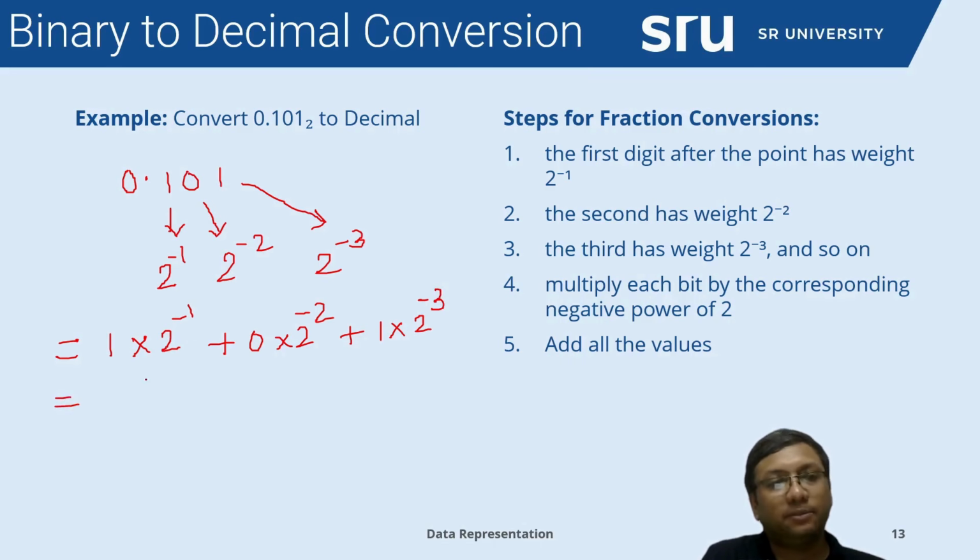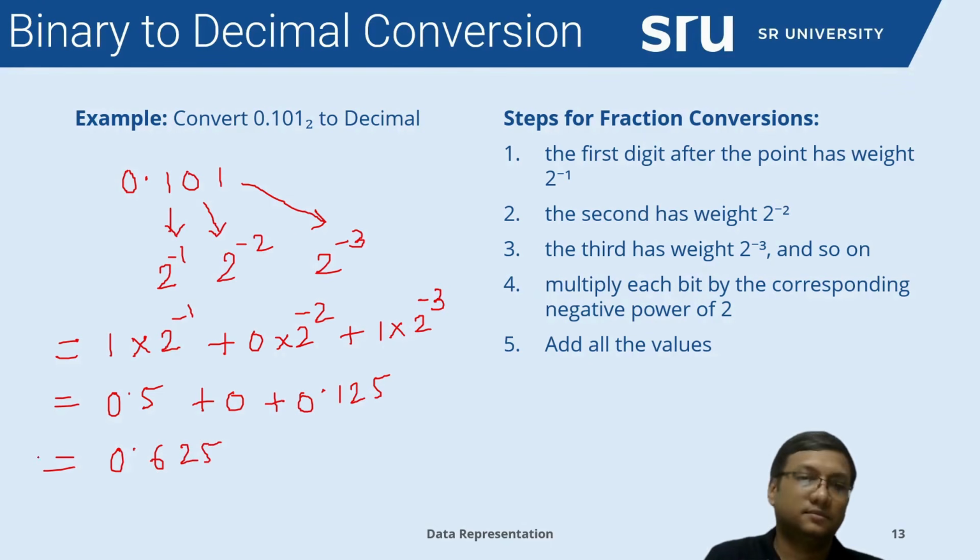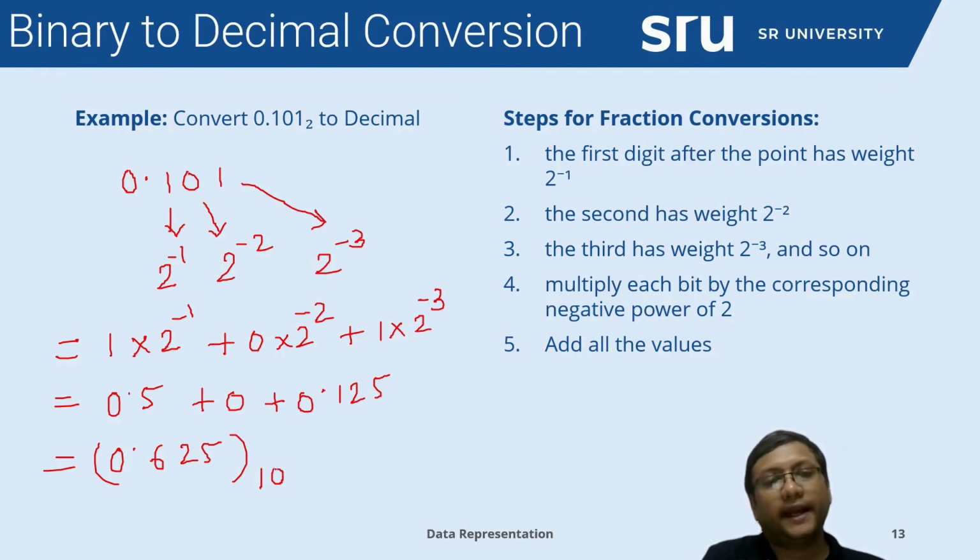So 2 to the power minus 1 means half, so this is 0.5, plus 0, and 2 to the power minus 3 means 1 by 8, which is 0.125. So if I add, then it will be 0.625, and this will be your decimal fraction. Don't forget to write the base.